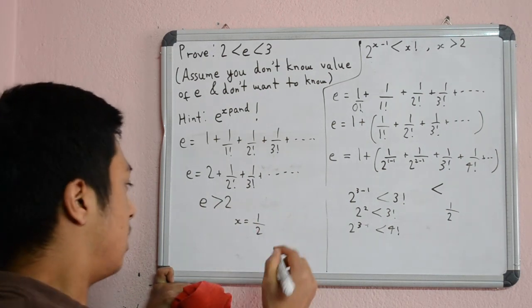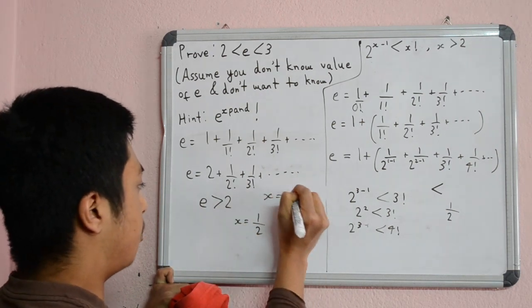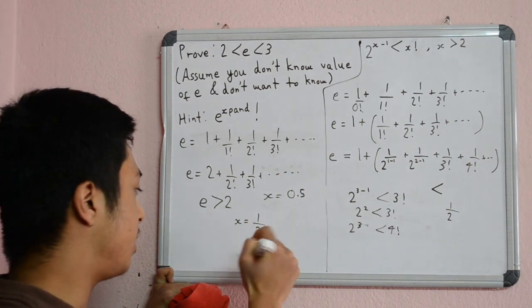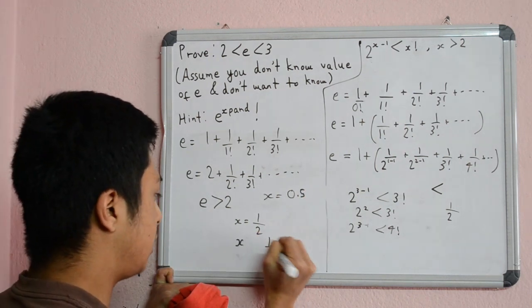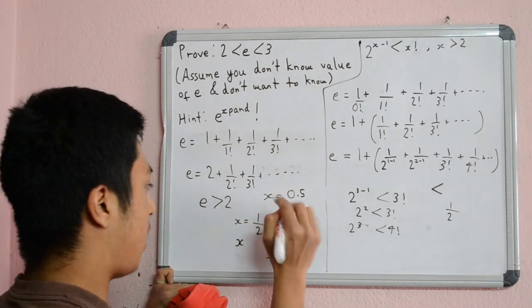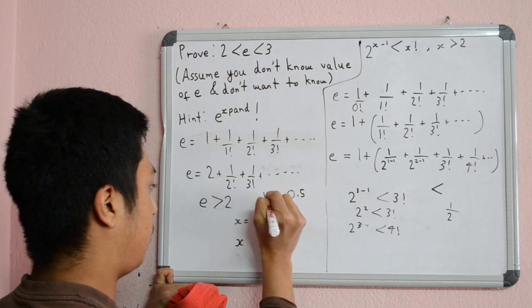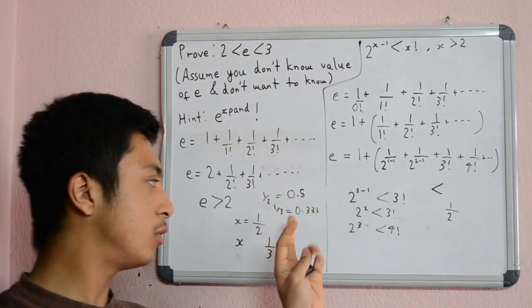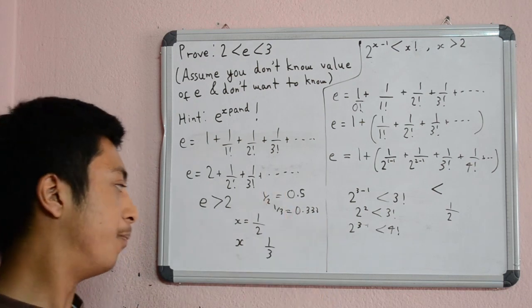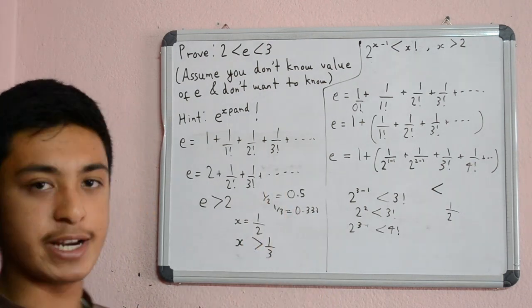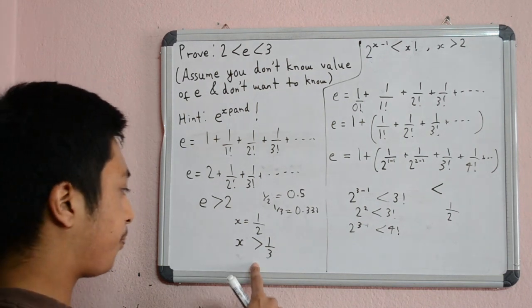Now that means x is equal to 0.5. Now what about if you replace 2 with 3? What is the relationship between x and 1 by 3? Well, 1 by 3 is just 0.333, and from here you know that 1 by 3 is less than 1 by 2. So that means this sign will be a greater sign, right?